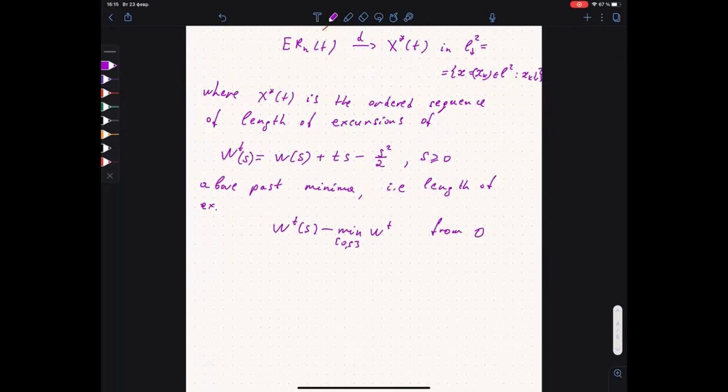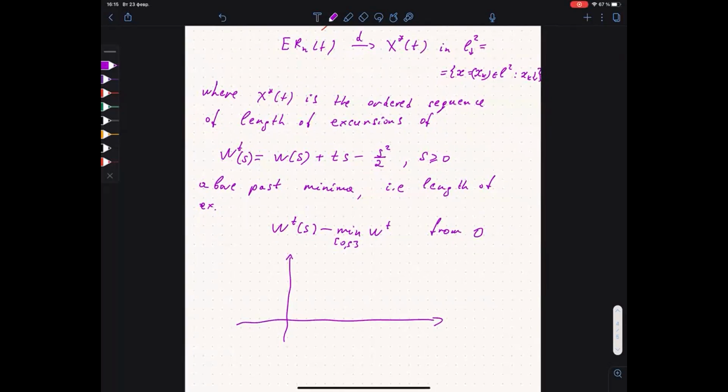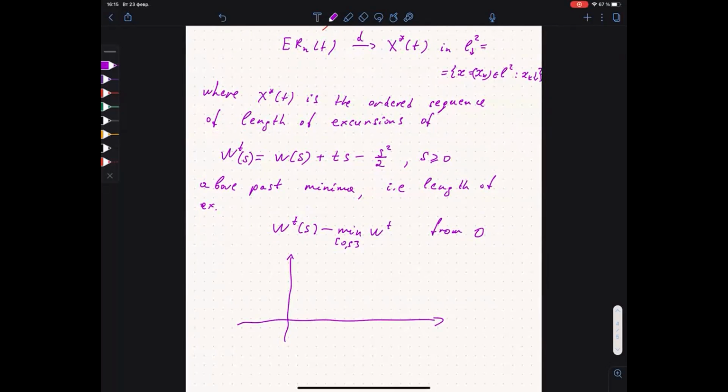Again, let's consider a picture. If we take that Brownian motion W^t(s), then draw the graph, the excursions above path minima are these excursions.